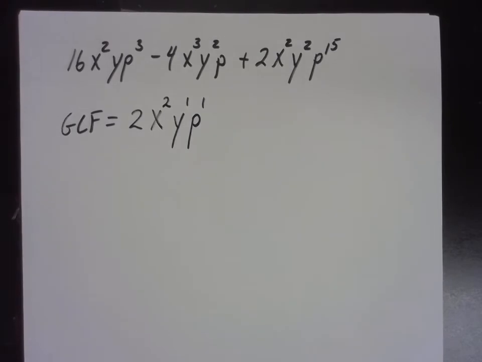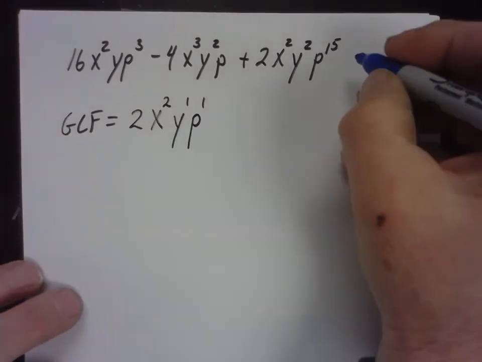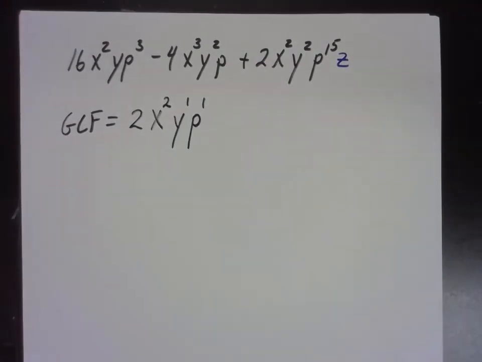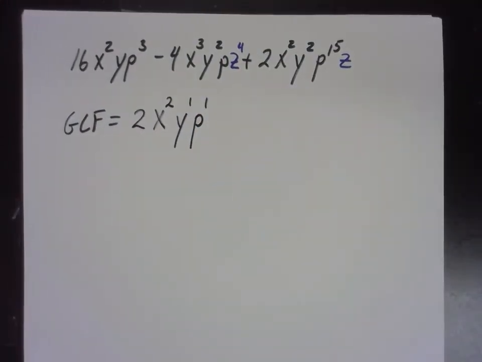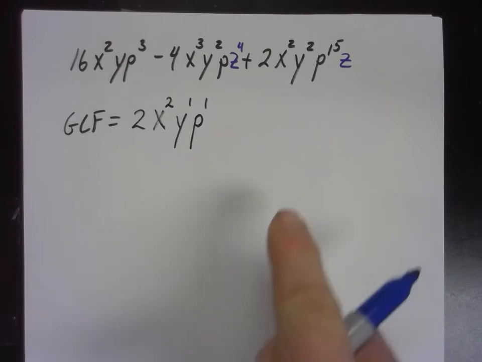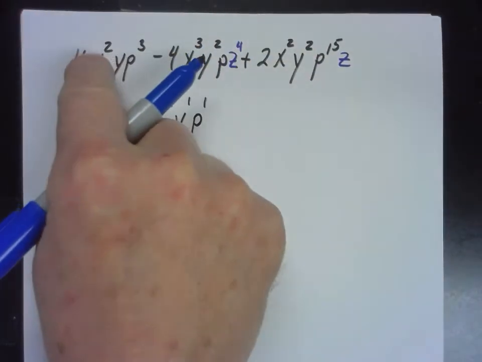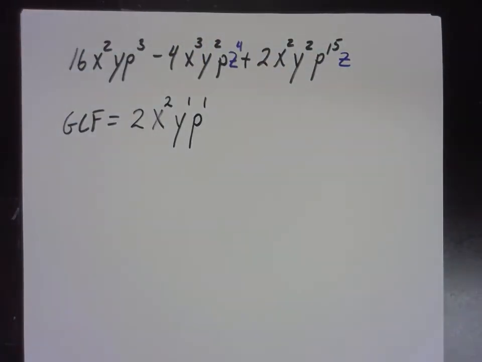What if I had a z on that one? And I had a z to the fourth on this one. Let me just ask you this. Is z common to all of them? No. So can it be part of the greatest common factor? No, if it's not common, it can't be part of the greatest common factor.